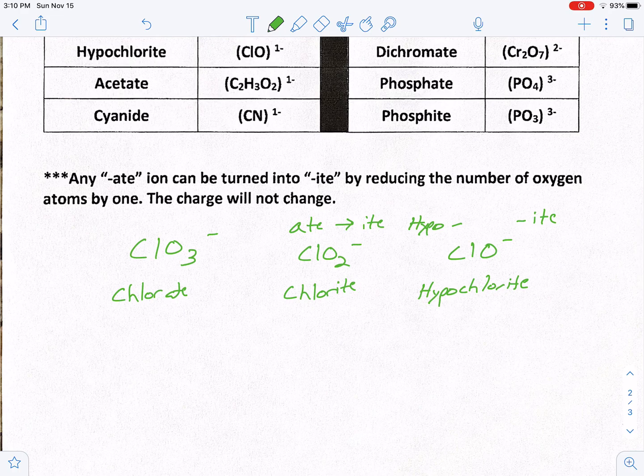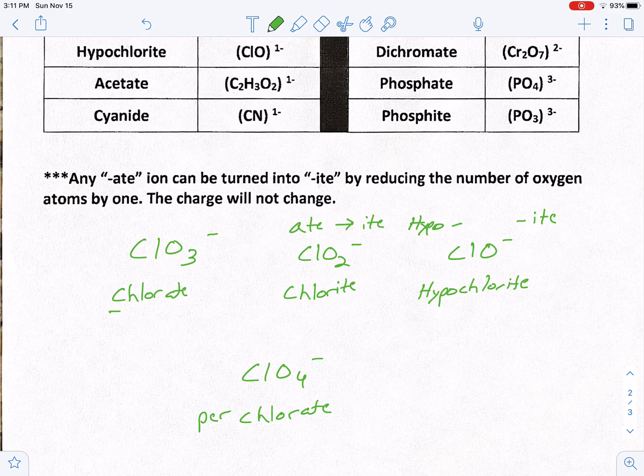Okay, so those are if we lost oxygens. Now, if we gained one, so now I have ClO4 with a -1 charge. If I gain an oxygen, it's still going to end in ate. Remember, we only change to ite if we lose oxygens. If we gain an oxygen, we're going to add per to the front of it. So now this becomes perchlorate.